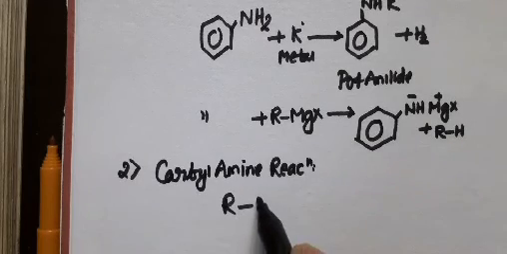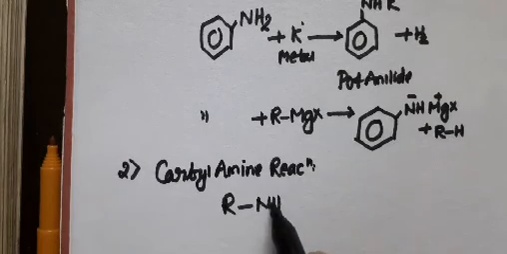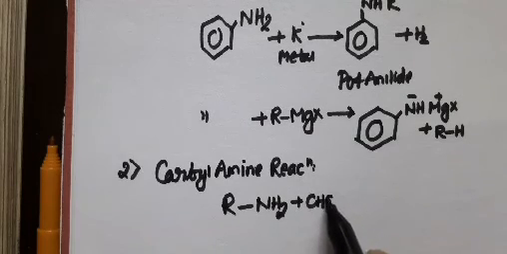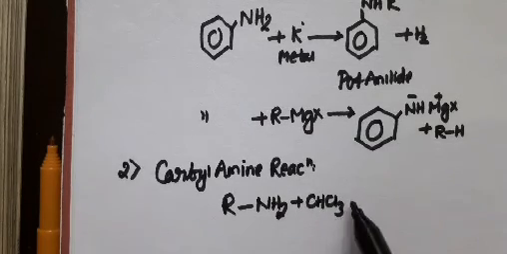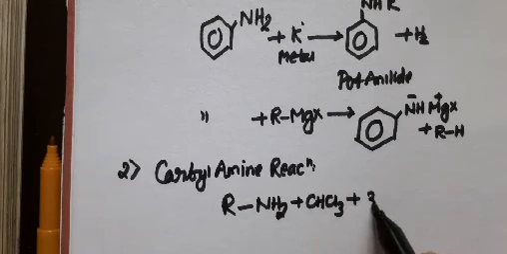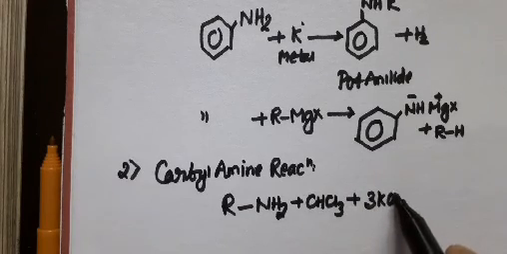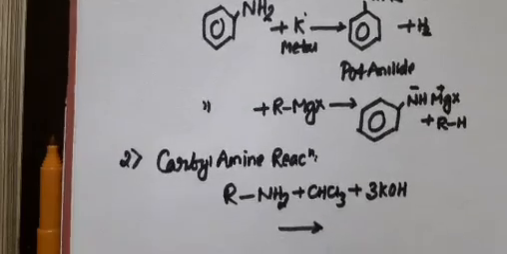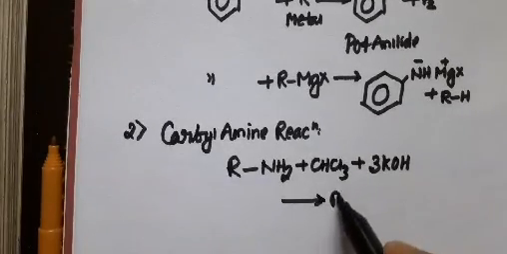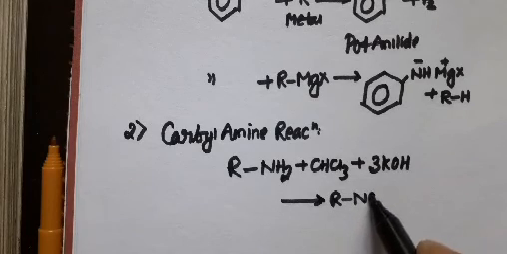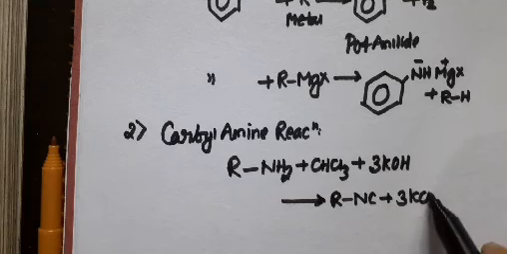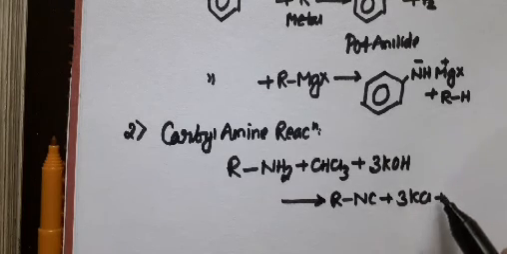So it is R-NH2 plus CHCl3 plus 3 molecules of KOH. It will liberate RNC plus 3 KCl plus 3 water.